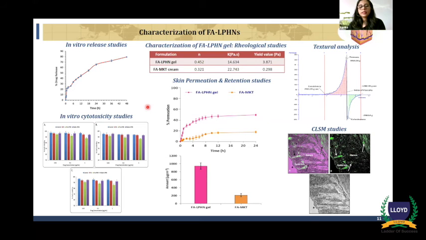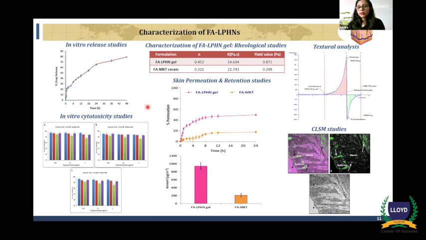For this, I used the human keratinocyte cell lines, and the different drug concentrations, as well as the drug concentration present in the nanoparticles, were tested against these cells. It was found that within those concentrations, the drug was not cytotoxic for a period of 72 hours, for which this study was conducted.